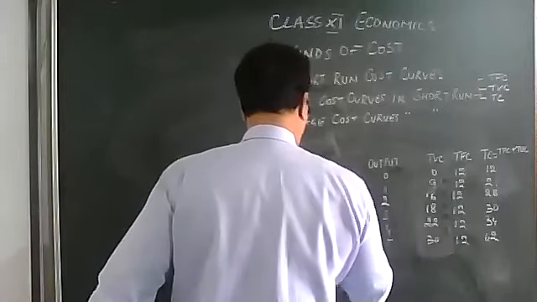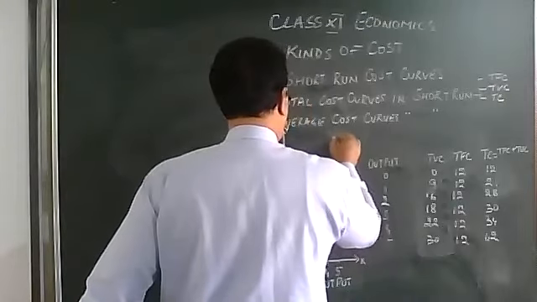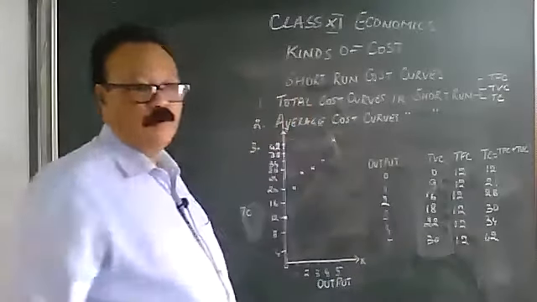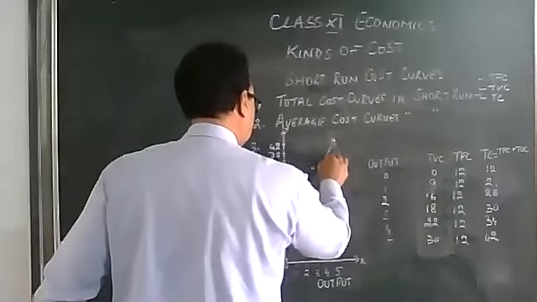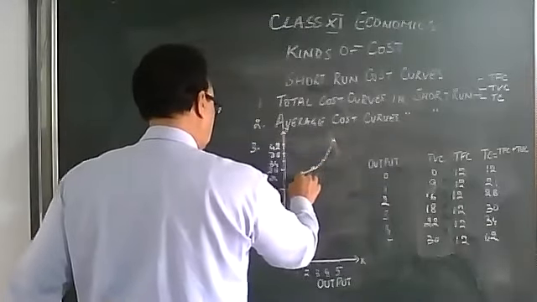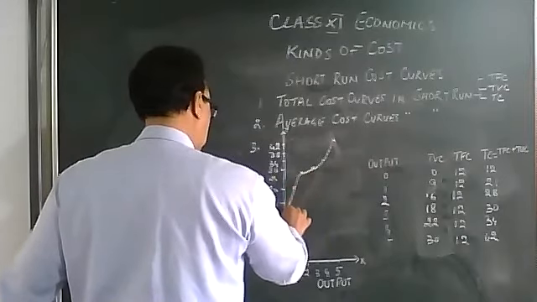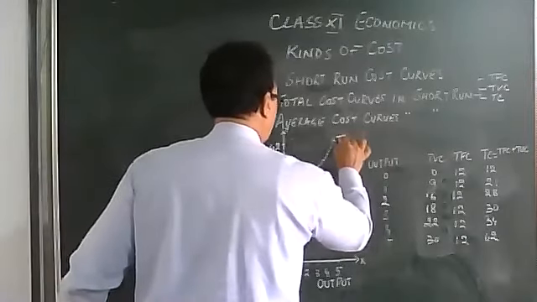And 5 is 42. Now join the points. This is the TC.